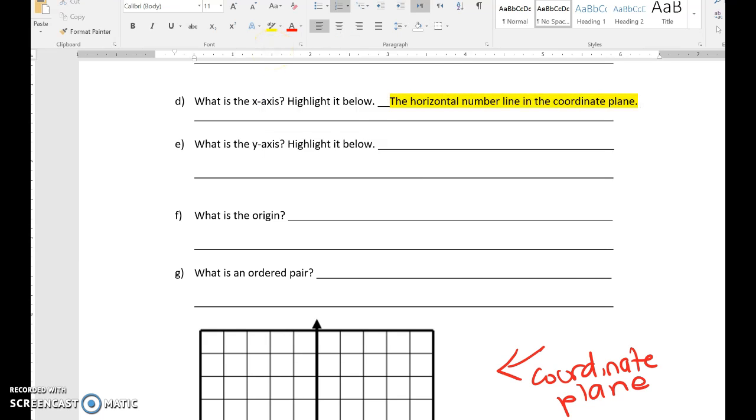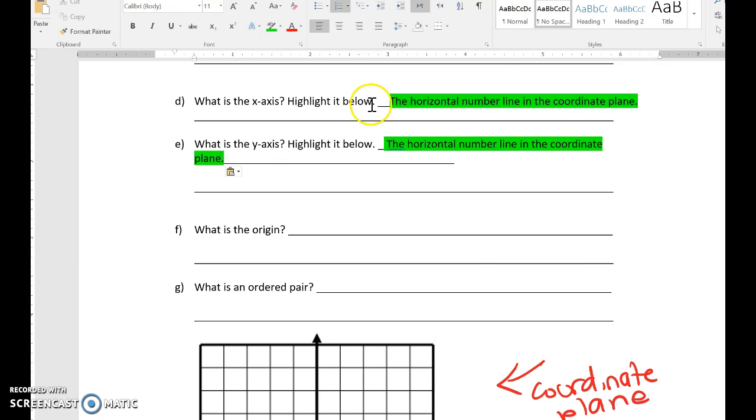Now the y-axis, that is the vertical number line in the coordinate plane. Actually, let's make this green so we can tell the difference. That's going to be very clever for us. So we highlighted the horizontal number line, the x-axis, in green. So this is going to be nice and color coordinated for us.